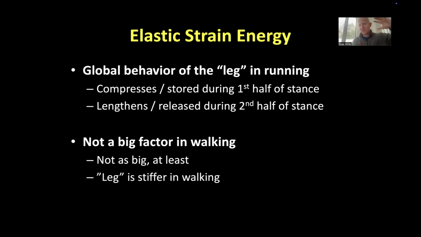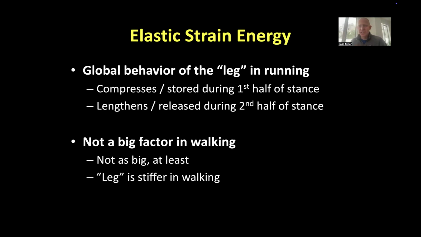Right? So you have this compression of the leg storing strain energy in the leg, or transferring gravitational potential and kinetic energy into the leg as you hit the ground, and then releasing that, springing off the ground to get more potential energy, more kinetic energy as you boost yourself off the ground to get ready for another gait cycle.